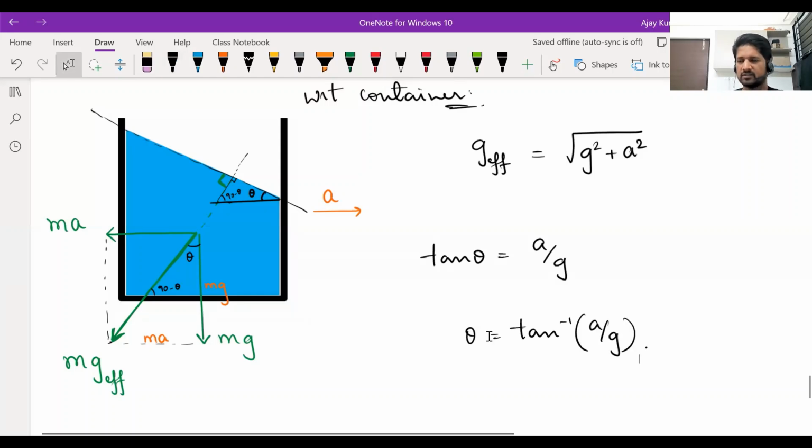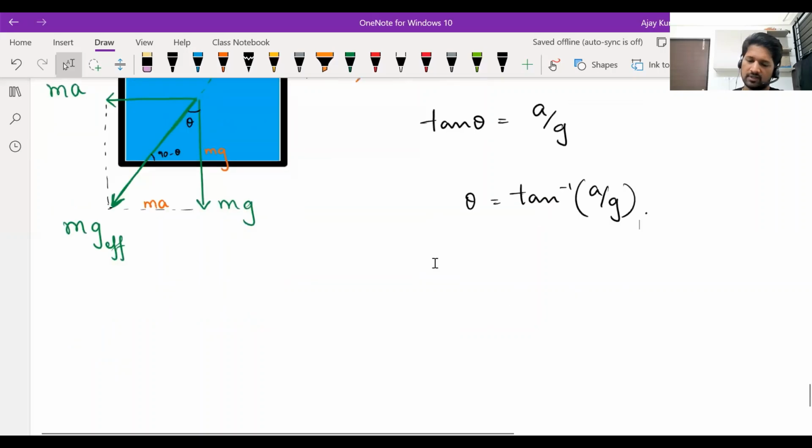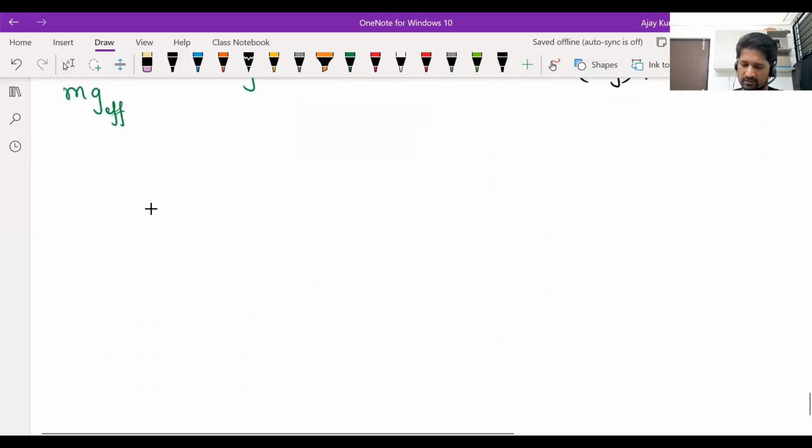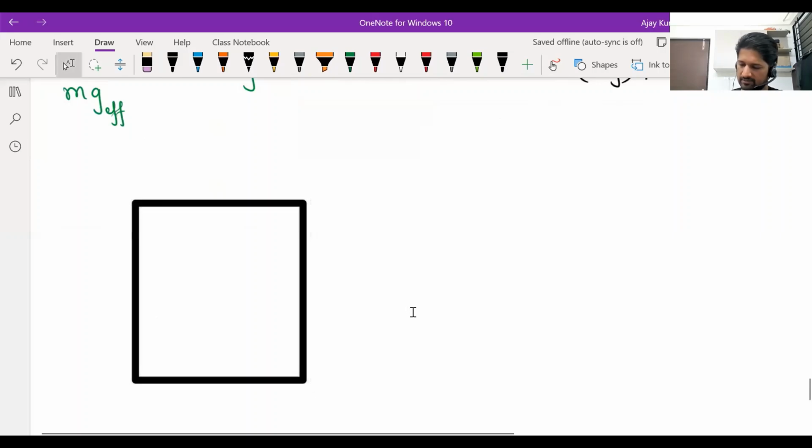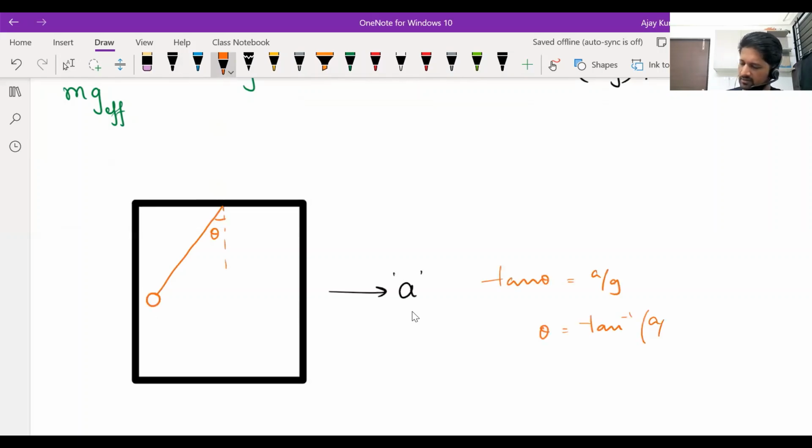This is actually an angle which is familiar to us. We came across this once or twice before. One case is the angle at which the bob settles if a cabin is accelerated horizontally with an acceleration a, and you suspend a bob from its ceiling. The bob settles at an angle with the vertical, where theta is equal to tan inverse a by g. Simple idea with respect to the cabin, mg acts vertically, ma horizontally, then this angle theta becomes tan inverse a by g.